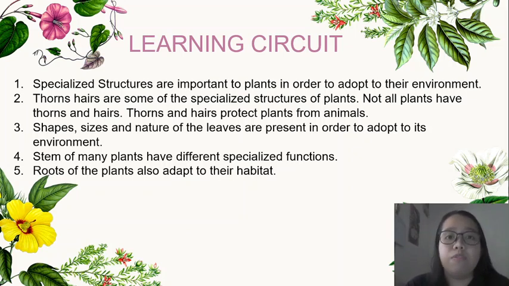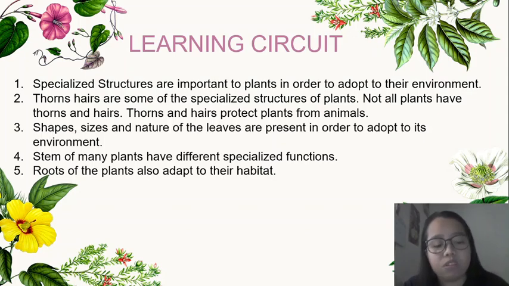And now we have number four. The stems of many plants have different specialized functions, just like the thick stems of desert plants like cactus, which serve as a special structure to store water. And then number five, the roots of plants also adapt to their habitat.